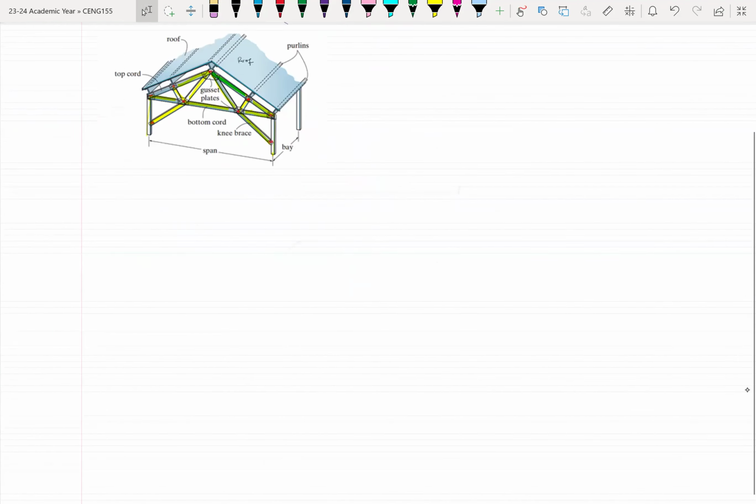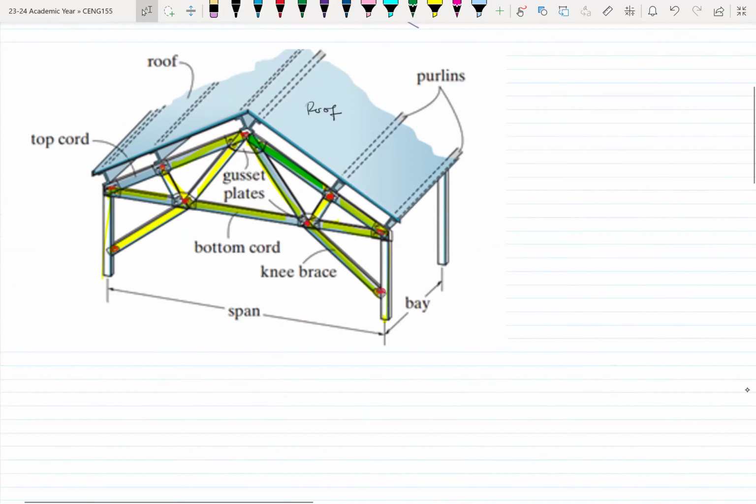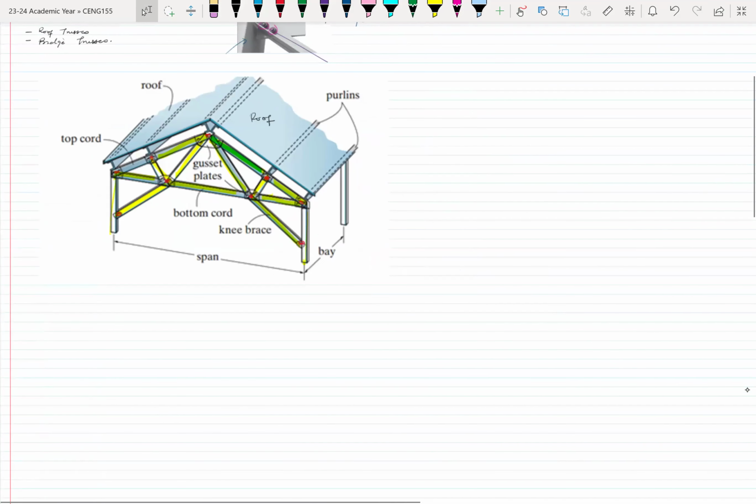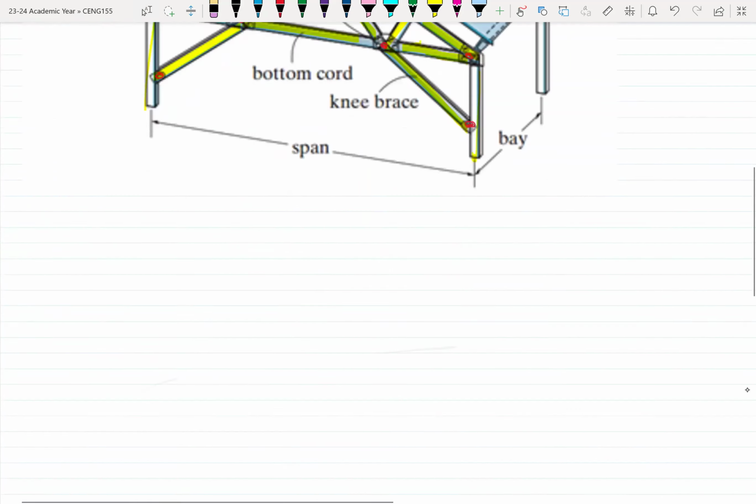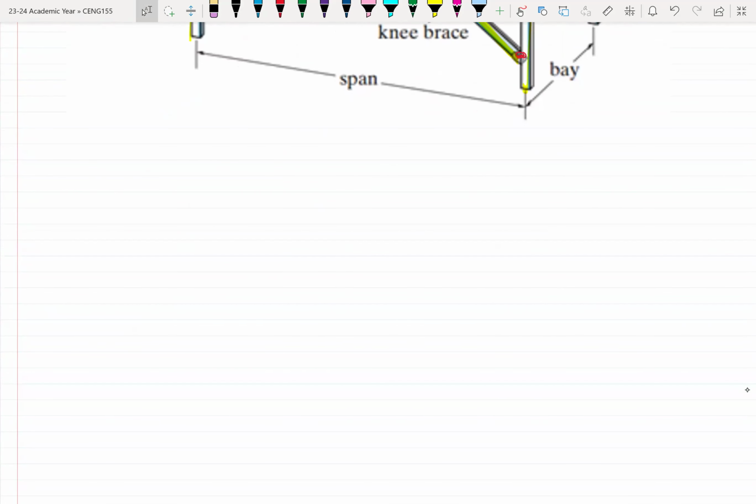So usually when you have a roof, this is what's happening to my screen. Okay. When you have a roof, this is what we have. So normally you have something like this. That's not the best way to draw it. Just trying to figure out how to get this thing well drawn.